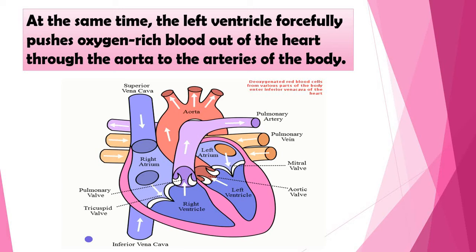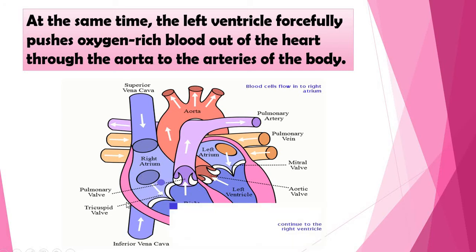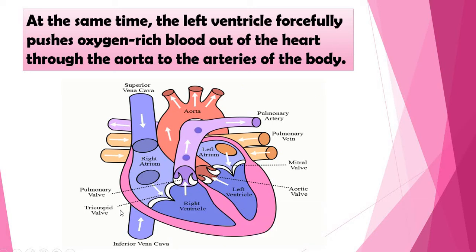Here you can trace the blood. It enters through the superior and inferior vena cava. Trace the dots. Then into the right atrium. The right atrium contracts, allowing the blood to enter the right ventricle. Then from the right ventricle, it goes to the lungs through the pulmonary arteries.